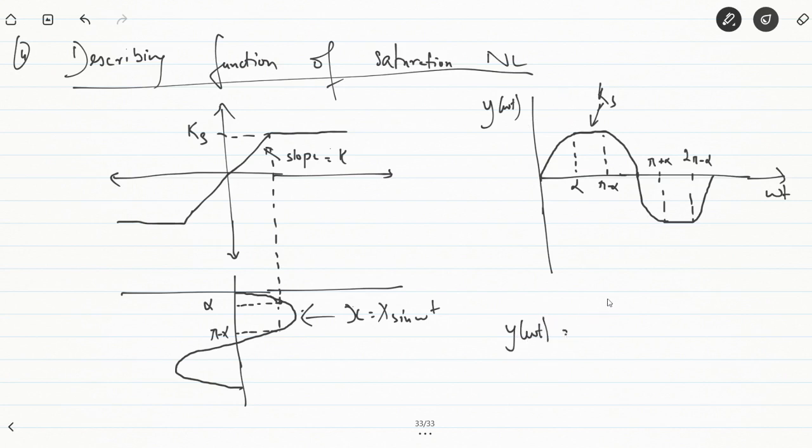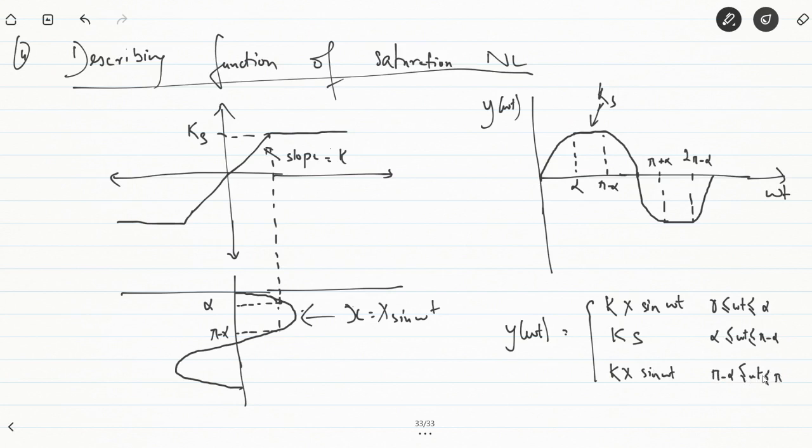It will be equal to ks for omega t from alpha to pi minus alpha, and it will be equal to again kx sine omega t for omega t from pi minus alpha to pi.